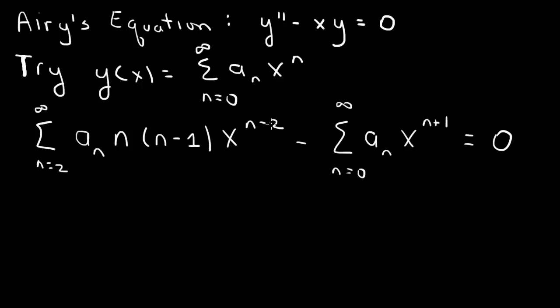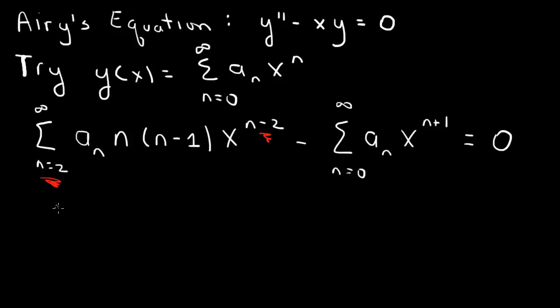I think maybe the simplest way is just to pull this exponent n minus 2 up to n plus 1, and so to match x to the n plus 1. So we need to shift the index down here. So shift this index to pull this one up to n plus 1.